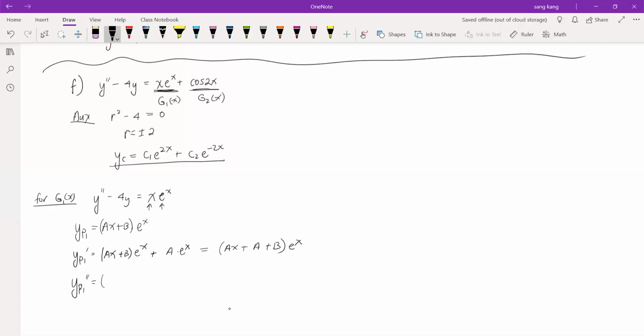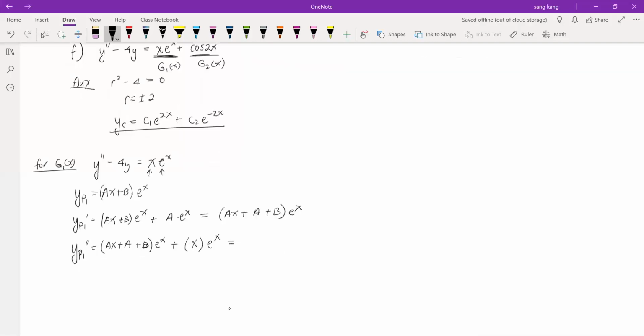So first, ax plus a plus b times derivative of the second plus derivative of the first, which is a times e to the x. And this is equal to ax plus, am I missing? It shouldn't be x, it should be a. Okay, plus 2a plus b times e to the x.